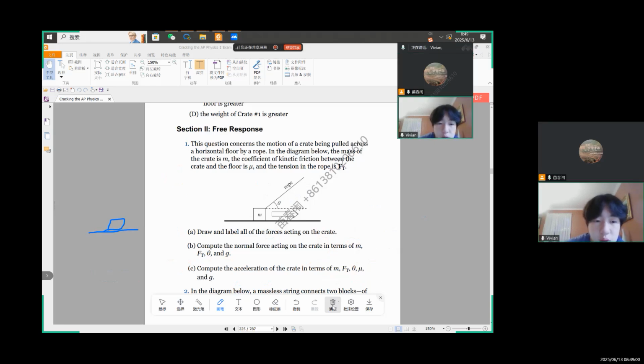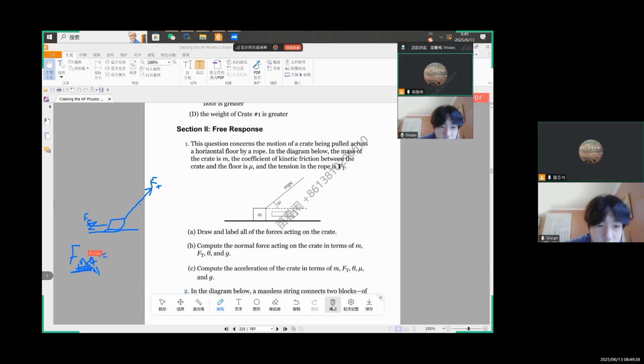So you're pulling it this way. That is FT. You also have the friction. The total force, so F total. You mean F net, right? F net, yeah, same thing. I read total sometimes.